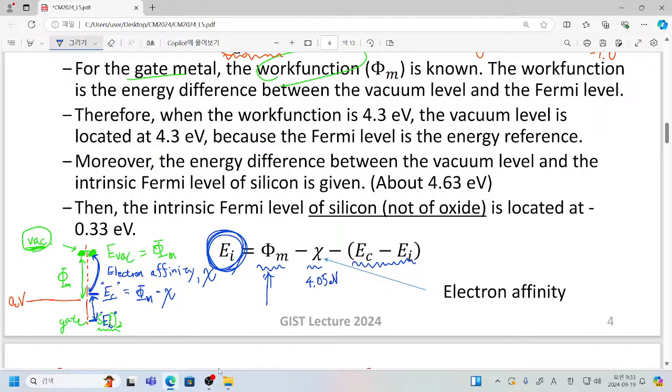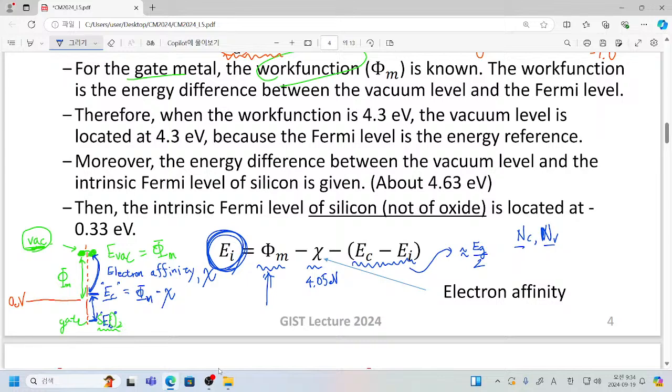And finally, the question is, what is the difference between EC level, the conduction band minimum level, and EI? You know that this is quite close to half of your band gap energy, and this is just a rough estimation. When you know exactly NC and NV, the effective density of states of the conduction band and of your valence band, you can accurately calculate this EC minus EI value.